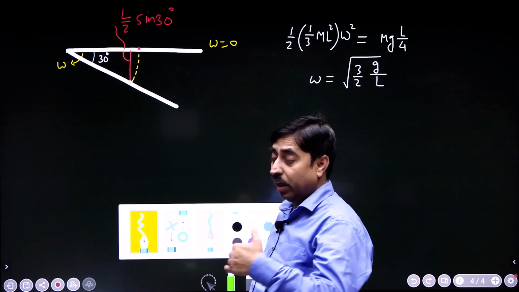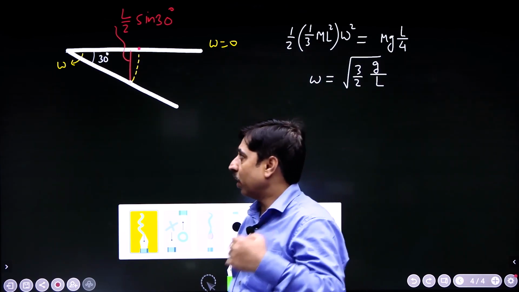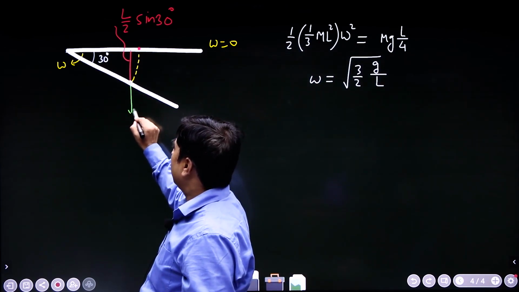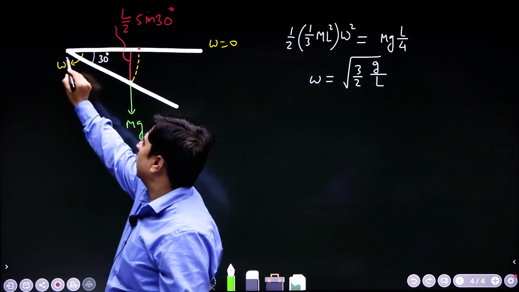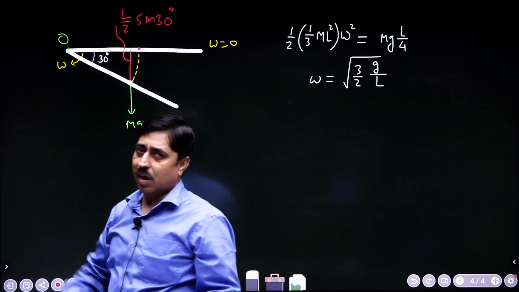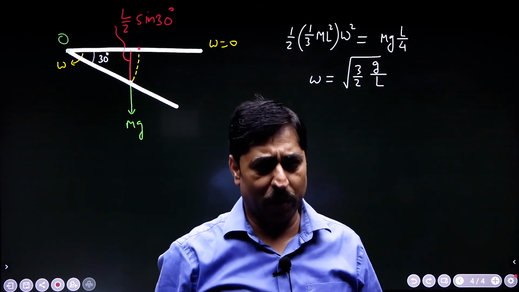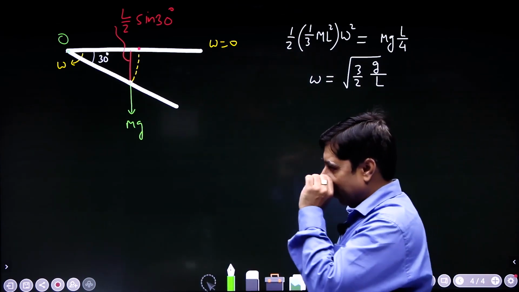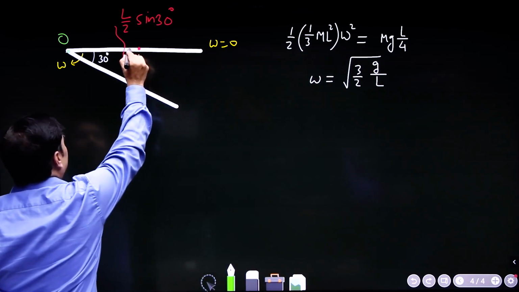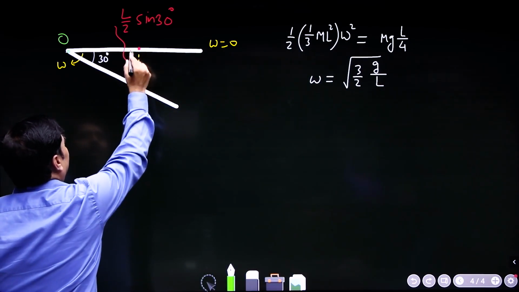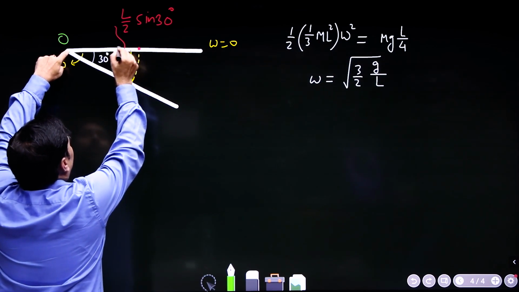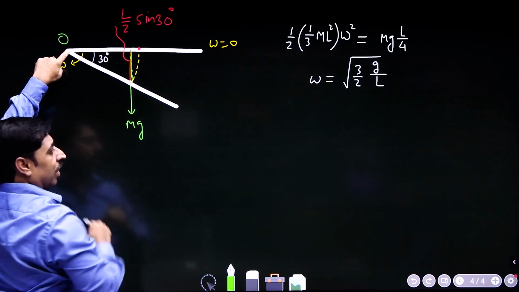For that, I need to understand how much torque is acting on the rod. So this is the mg force. Again, about this particular point, I need not worry about the hinge force, since the hinge force will produce no torque about O. So what is the torque of mg? Very simple. This is the line on which the mg force is acting, and this line is at this much distance from point O, which is L by 2 cos 30 degrees.